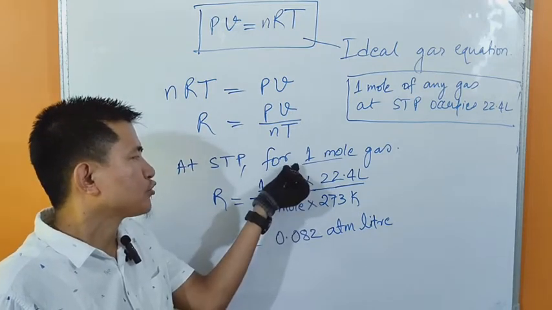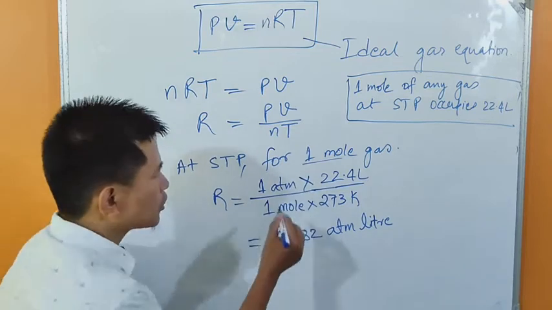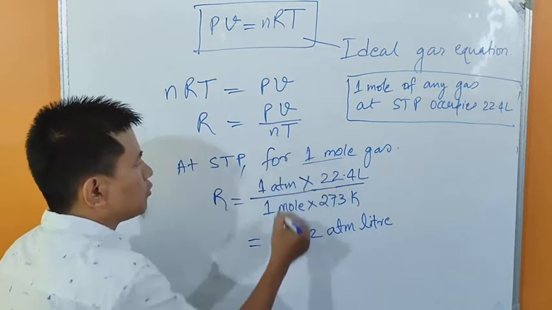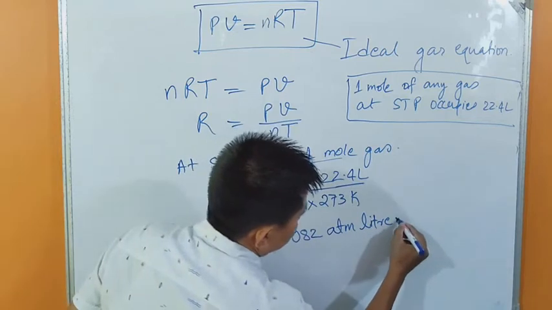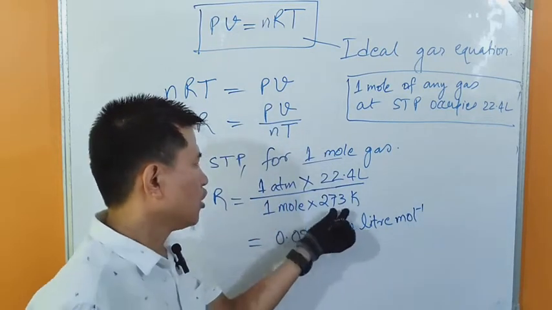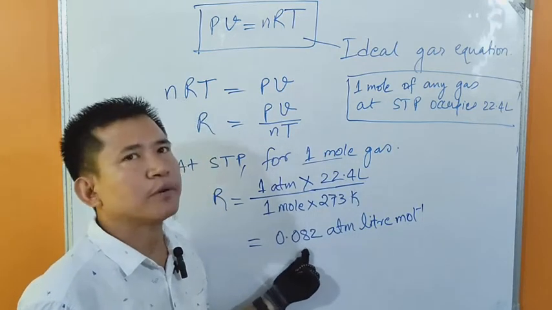When we bring it to the numerator, the sign of the power changes. This mole has the power +1, so when we bring it to the numerator, +1 changes to -1, so it becomes mol to the power -1. 273 is already divided by 22.4 and we got the result 0.082.